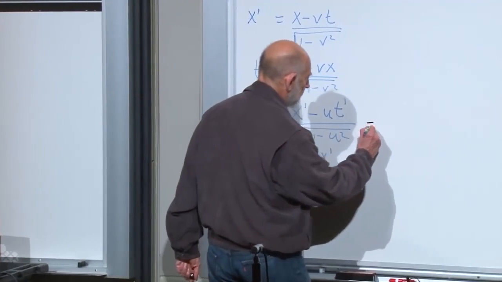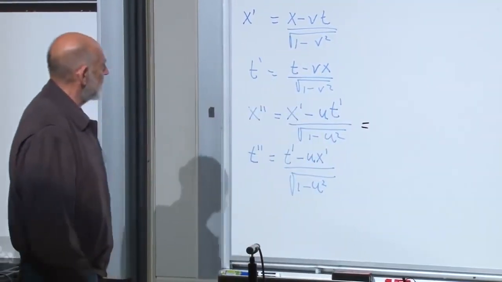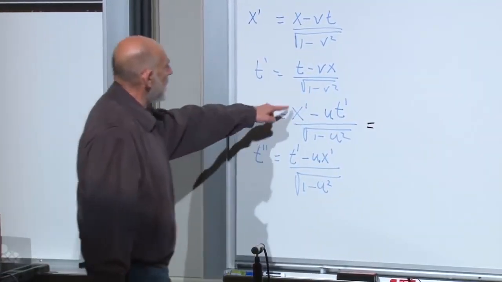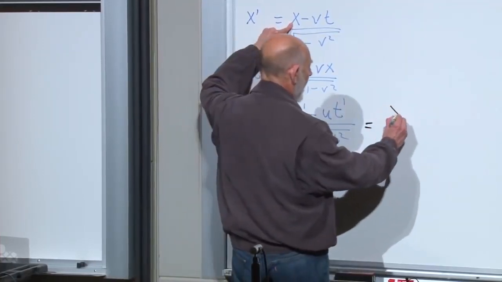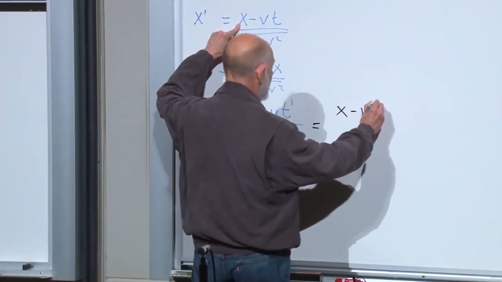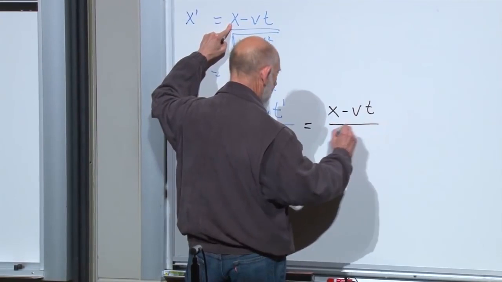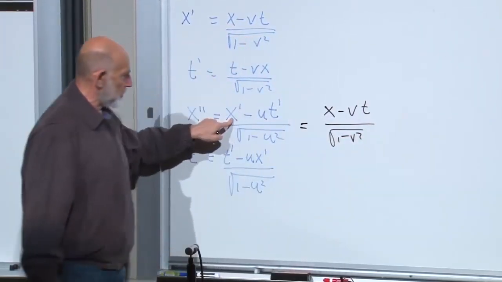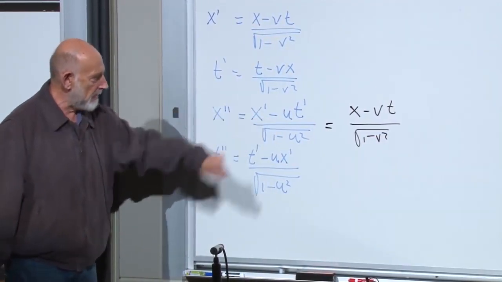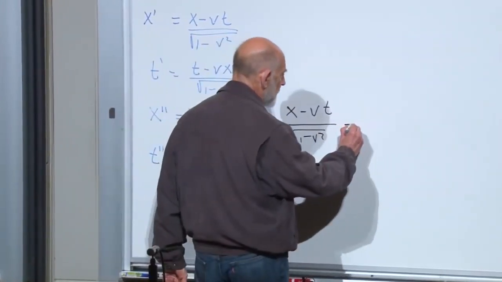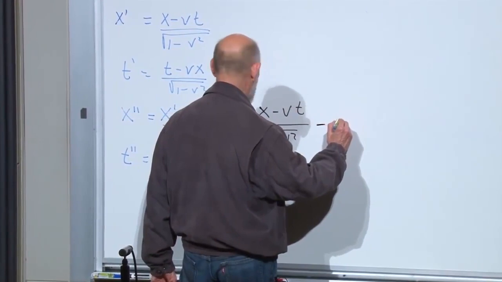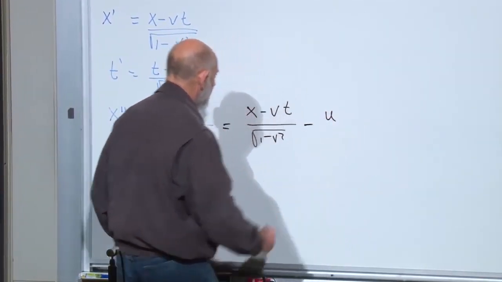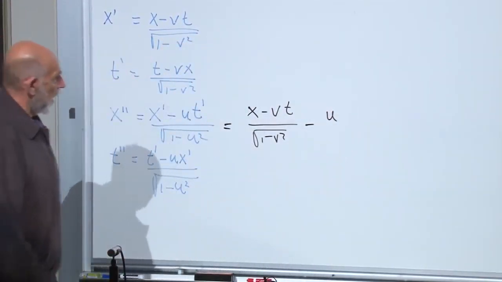And let's do so. All right, so x prime is x minus vt divided by square root of 1 minus v squared. Now that's just this x prime here. So far that's just x prime minus u t prime, and let's put in t prime.